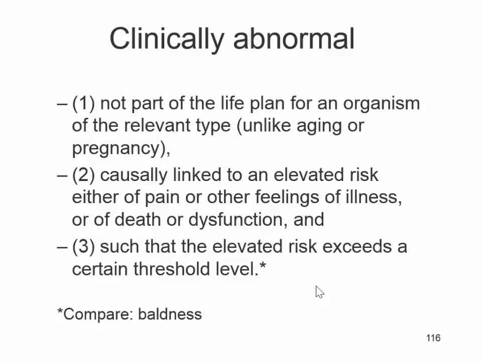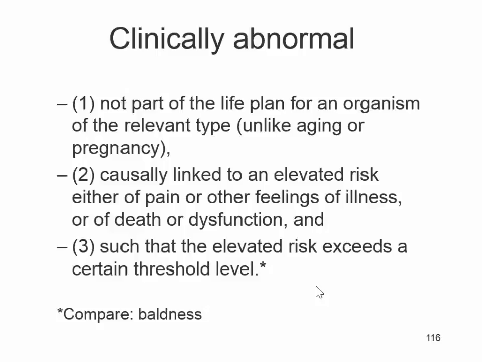Let's suppose you have a genetic disease, so that at the age of 13, you're going to get a certain disease manifesting itself. Then that's not part of a life plan for an organism of that type. You are unlucky. You have a different life plan which deviates from the life plan.